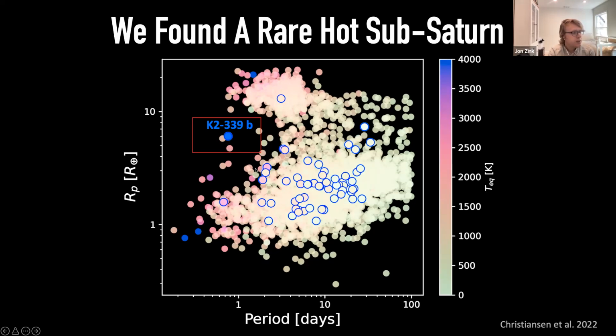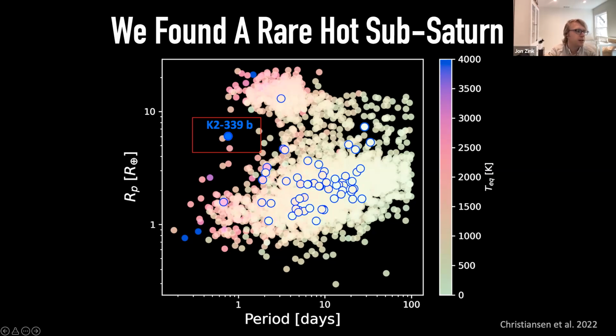And this region here looks like maybe there's some completeness issues, but this is a very complete region of parameter space. We should be finding most of these planets here. So this apparent dearth is some kind of indication that there's some formation mechanism here causing planets to either not be formed or lose their atmospheres and be pushed down.